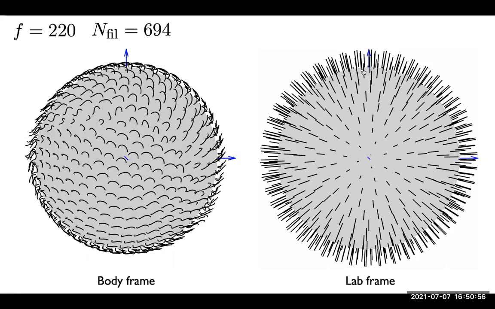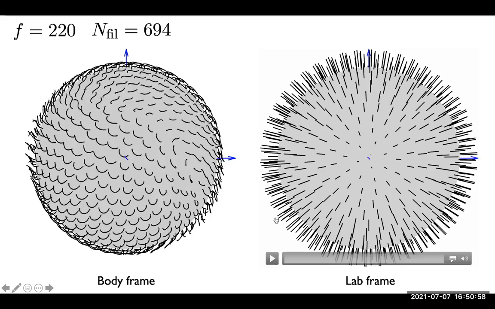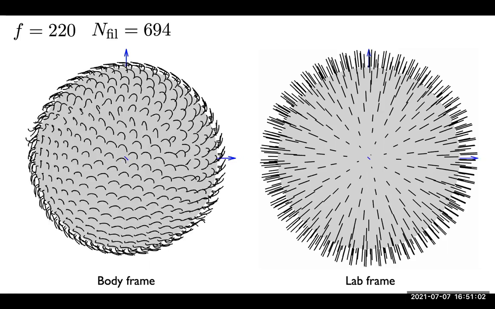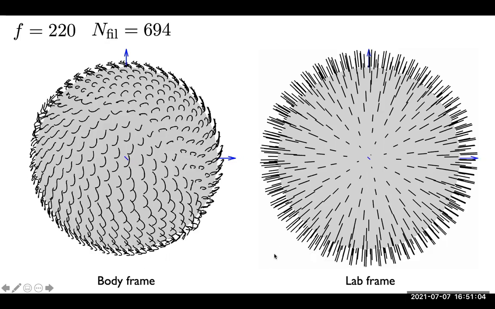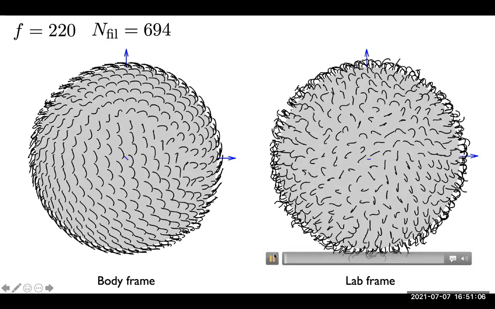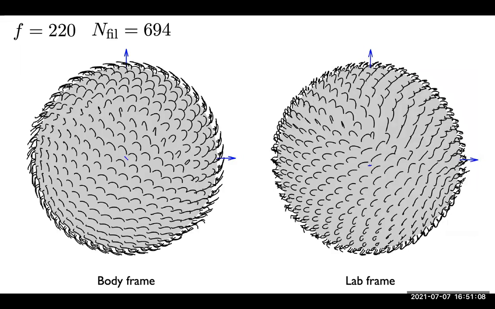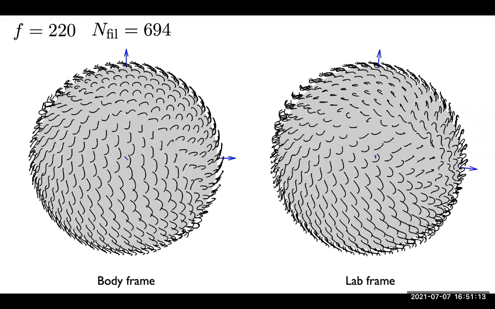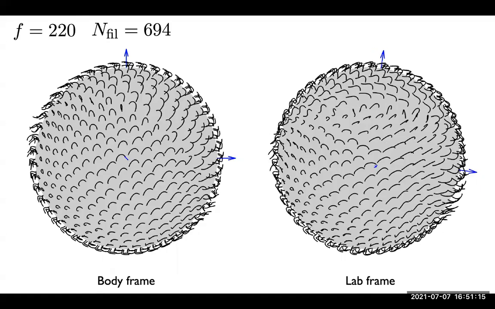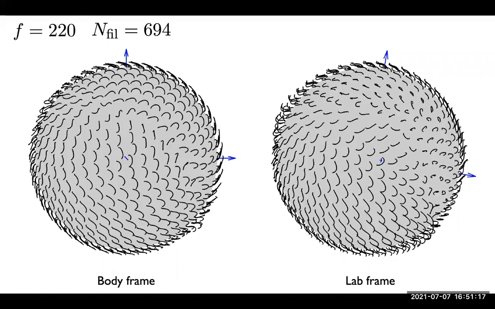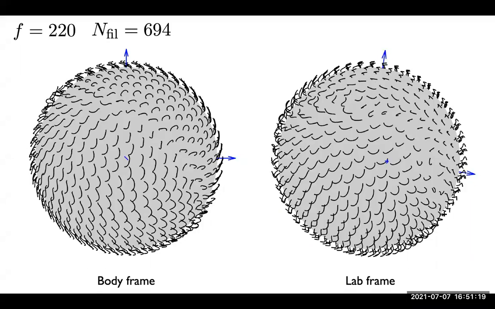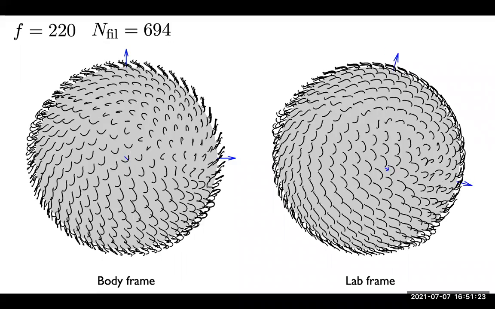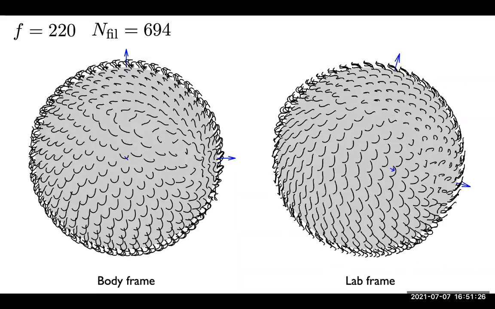Okay, but what I think really explains what's going on is not looking at the body frame, but tracking the lab frame. You can see these blue arrows that are tied to the frame of the sphere, so you can see what's happening with the rotation of the underlying surface.